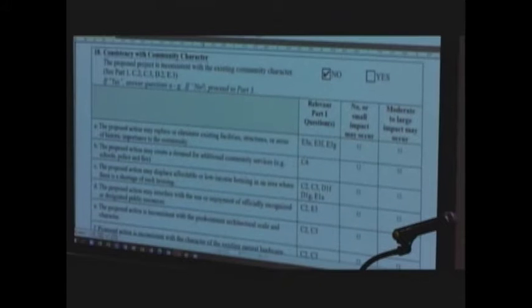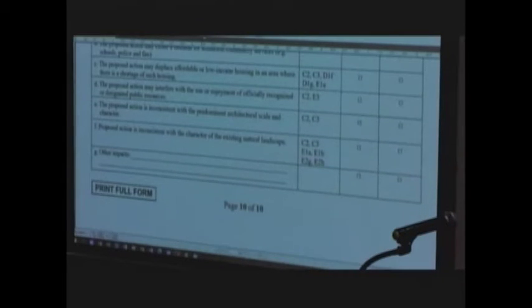And really no conflicts with consistency of the community character. Again, this is a project that's limited to the wastewater treatment plant. We believe it'll enhance the community character because it's going to provide continued effective wastewater treatment for the residents of Webster. So that's part two, the identification of the impacts.